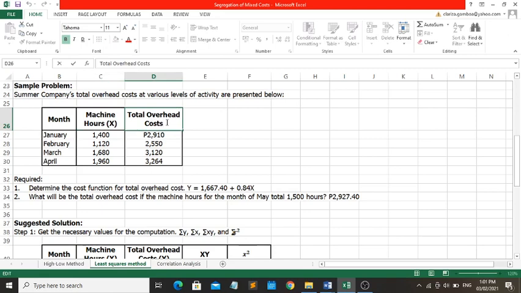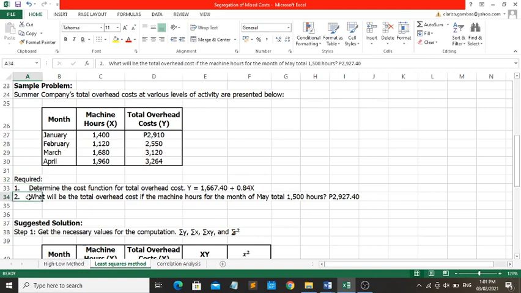And since cost is an expense, the total overhead cost is our Y. Required: determine the cost function for total overhead cost. This will be our answer later. And what will be the total overhead cost if the machine hours for the month of May total 1,500 hours? Okay, so let's answer.